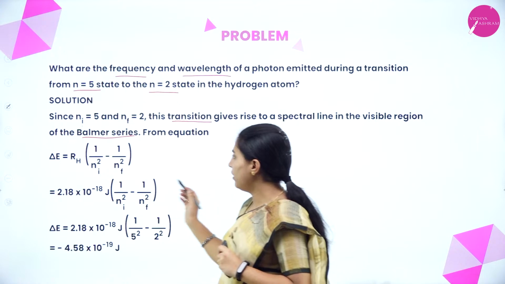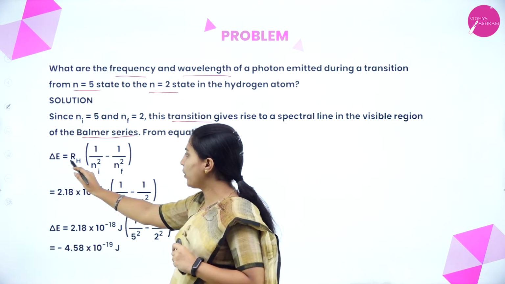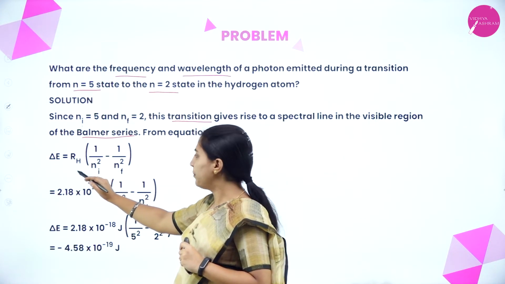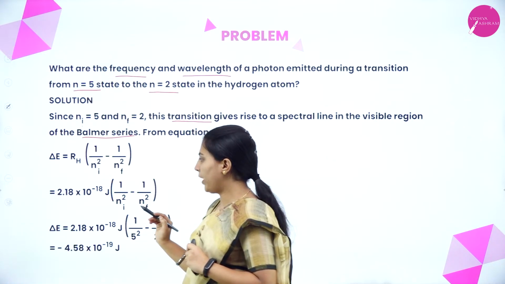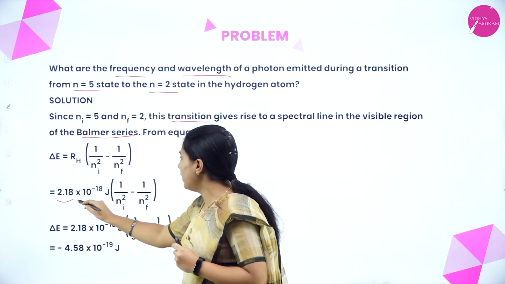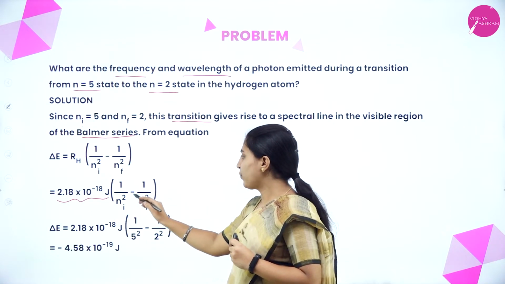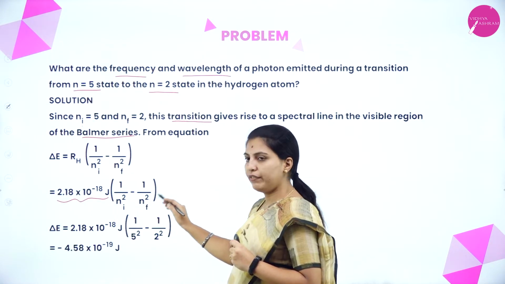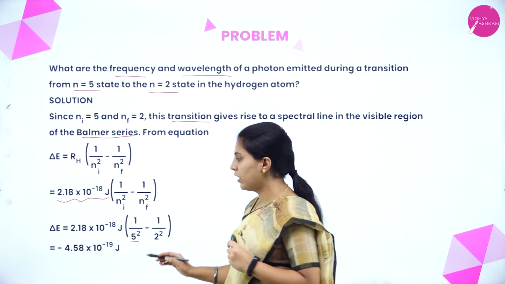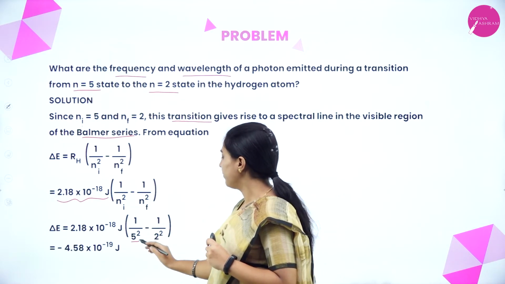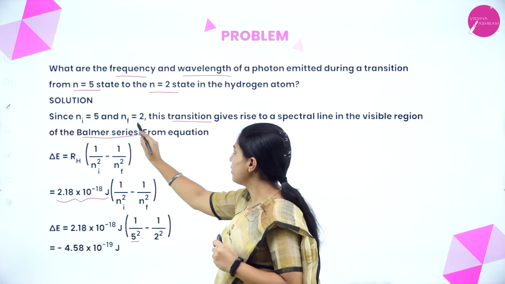From the equation, we know delta E equals RH, the Rydberg constant, into 1 by Ni square minus 1 by Nf square. Here Ni is 5 and Nf is 2.